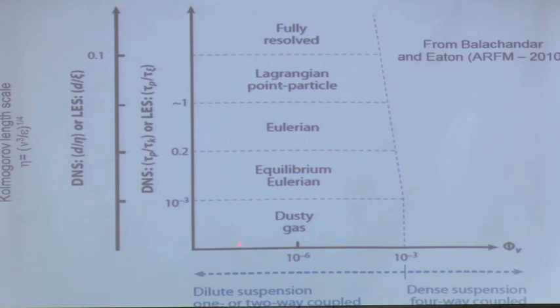Okay? And you see that these are the very fine particles, and these are the very coarse particles. So that was the question you were raising. So you see that numerical techniques are different if you are using very small particles, intermediate particles, or big particles.